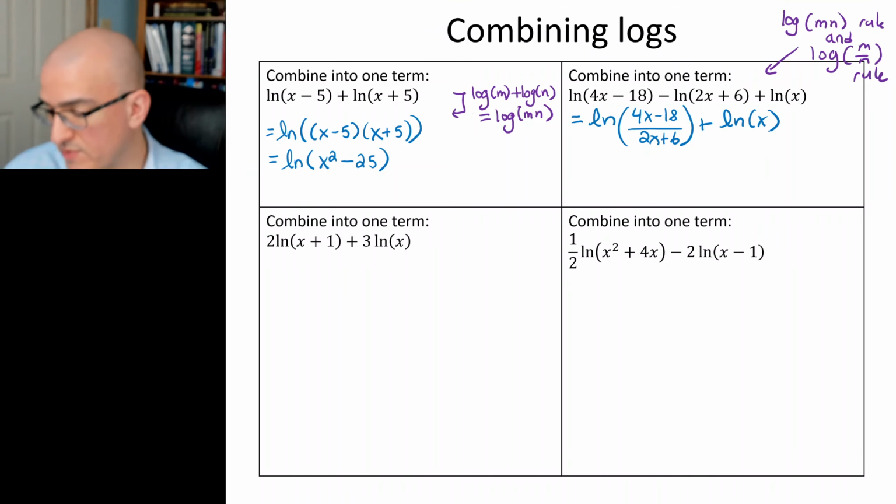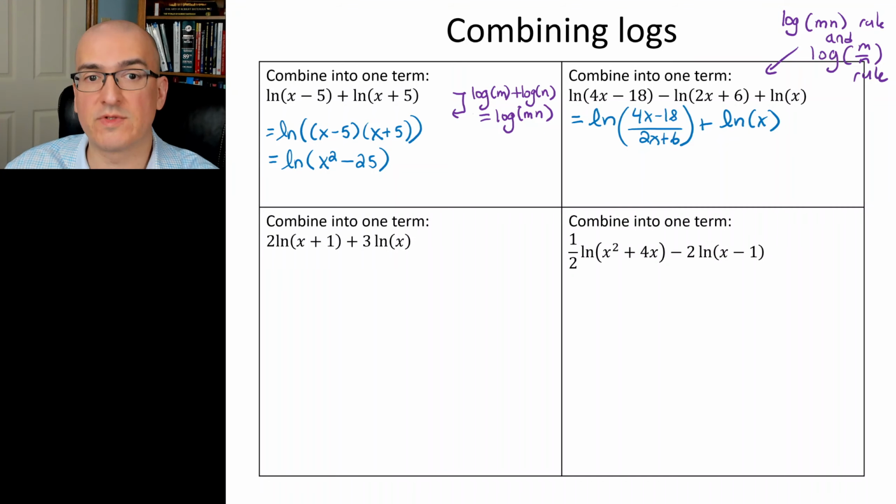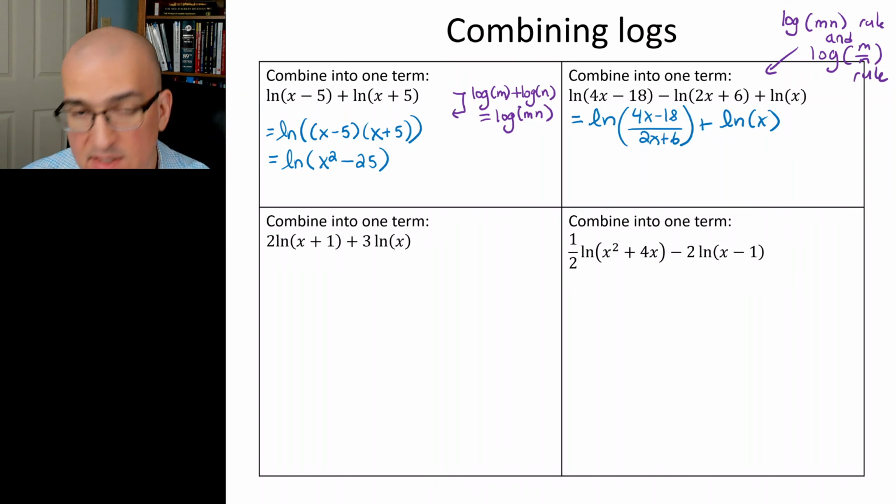So what we did there was we did the ln of m divided by n rule to combine those first two terms. Ln of m minus ln of n is ln of m divided by n. Now we have to combine these two together. So now that bracket, that giant bracket, the first piece, that whole thing is m, and n is just the x in the second term.